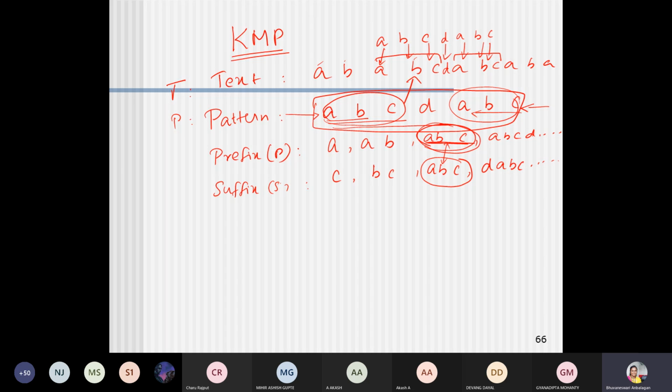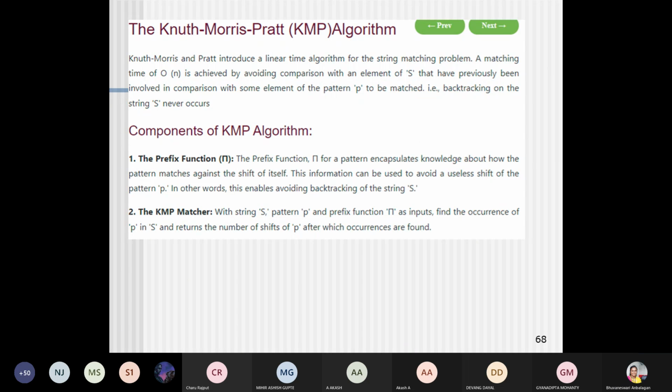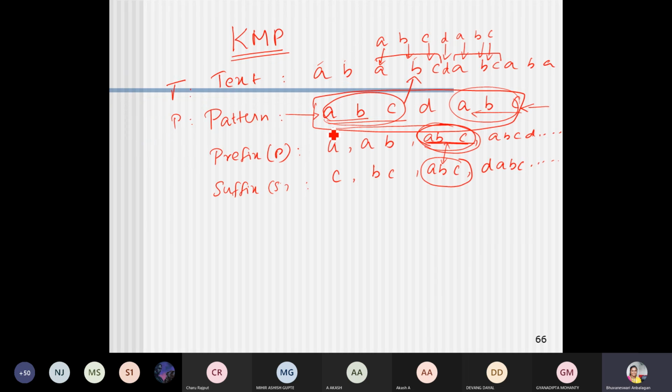Do you understand this particular concept? I'll show the small table you're deriving. This process of identifying the pattern is called the prefix function. For a given text and pattern, it will identify the prefix function.